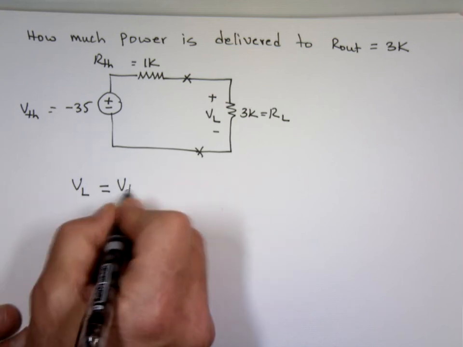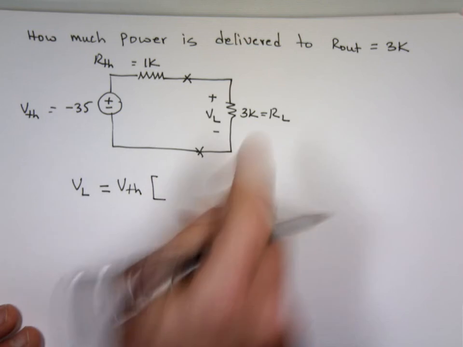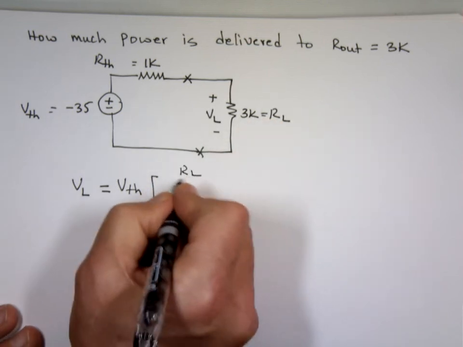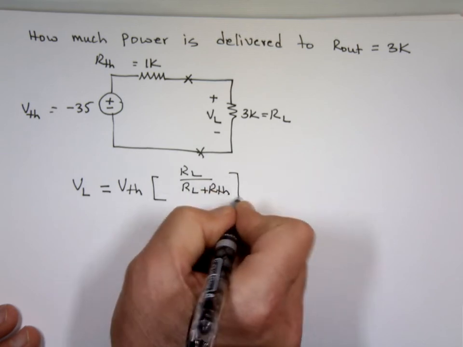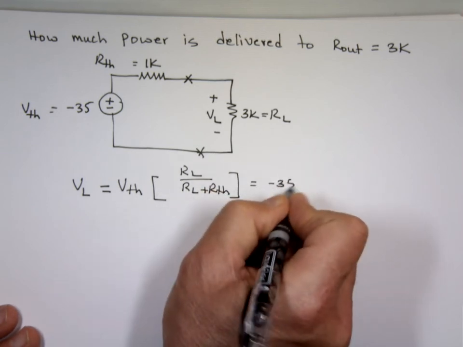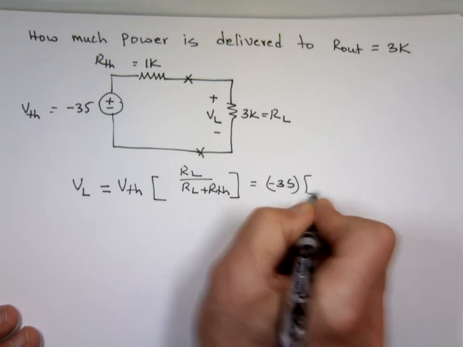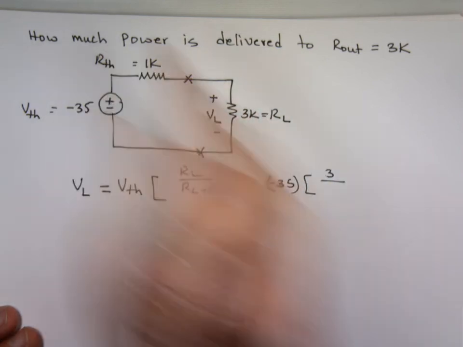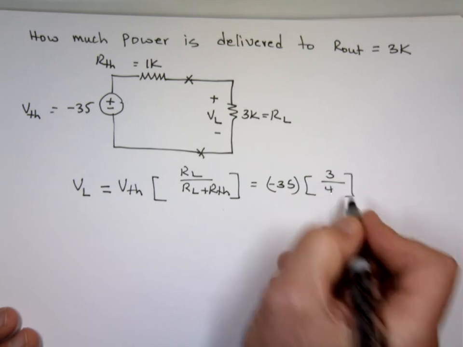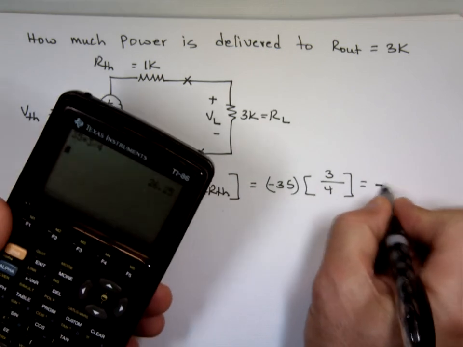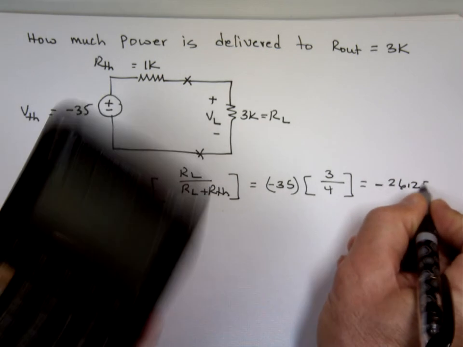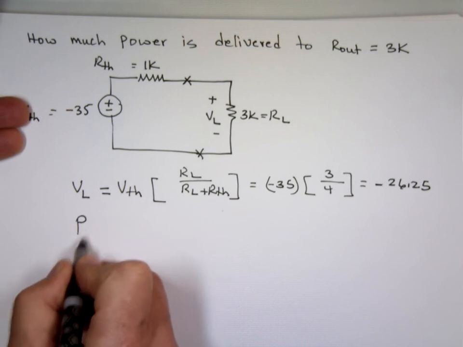It equals V Thevenin times that resistor over the sum of both of them. Voltage division: negative 35 times 3 over 4, which is negative 26.25.